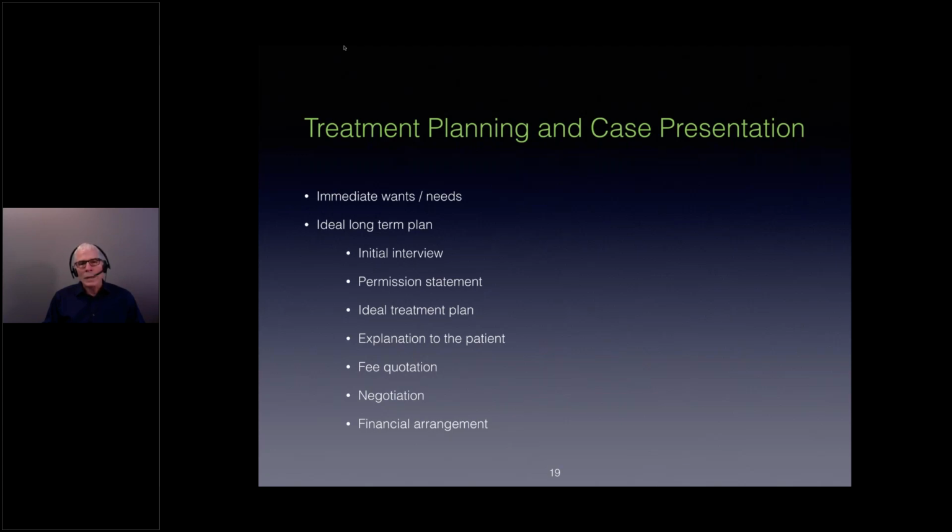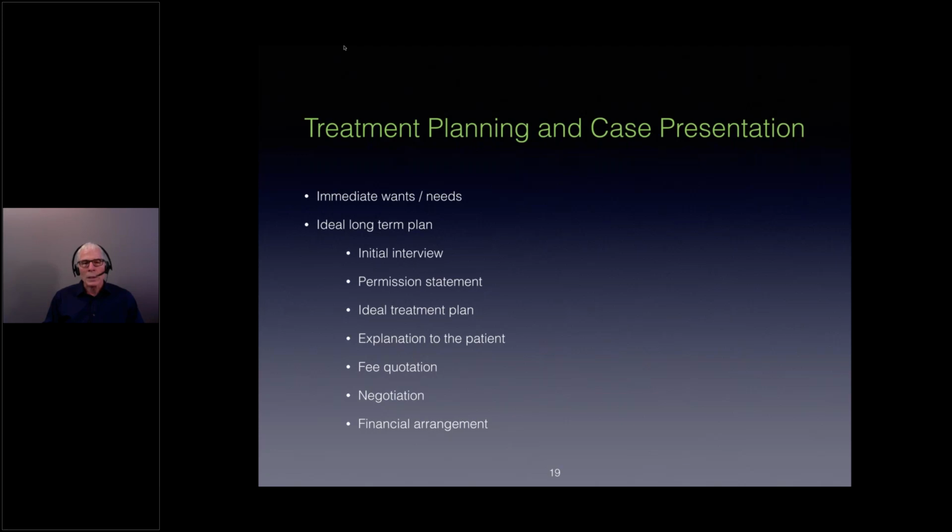And so while that explanation goes on, the administrative team is preparing to go to step 5, which is quotation of the fee. And then the quotation of the fee is going to lead into a negotiation, which is a series of steps around estimating dental benefits, determining what the timing of the treatment is going to be.